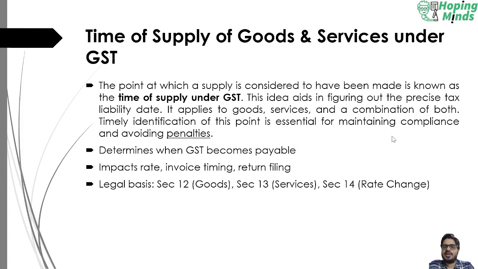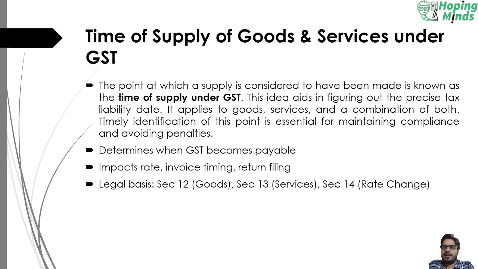That is, without consideration, there cannot be any supply except for those enlisted in Schedule 1. Then we also learned that the supply must be in the course or furtherance of business, that is, personal transactions cannot be treated as supplies.